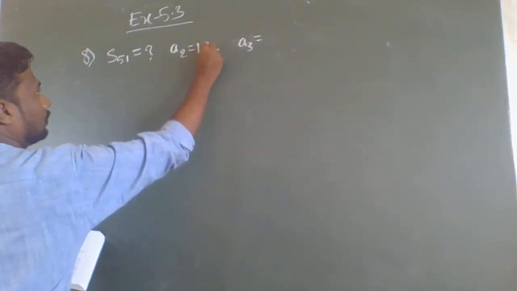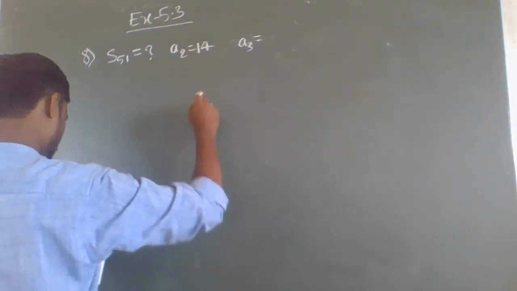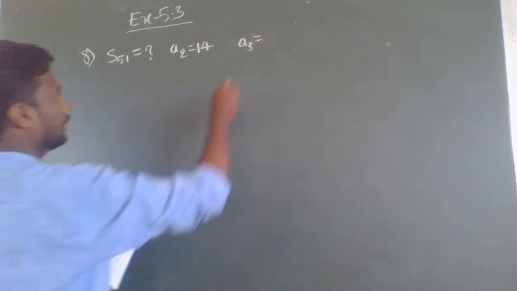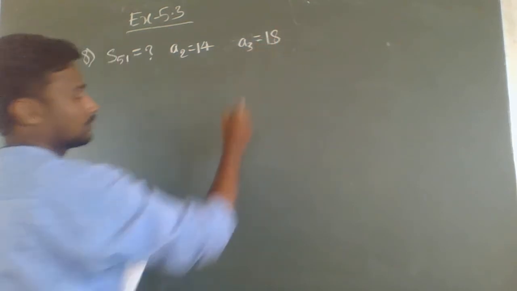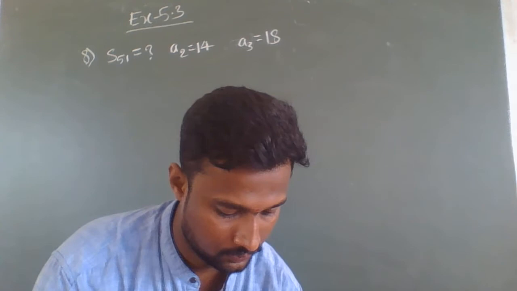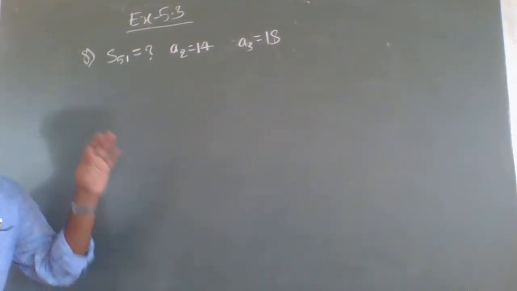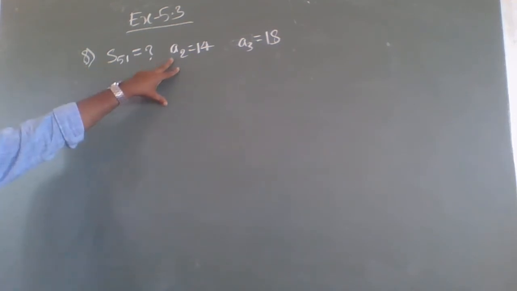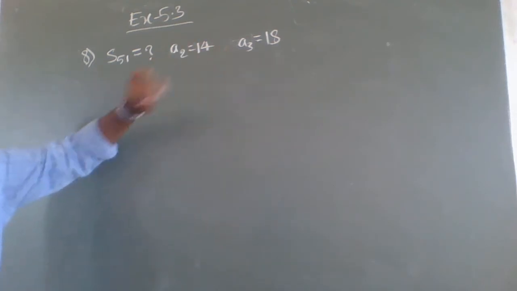Therefore, A2 is 14 and A3 is 18. So here we have to calculate the sum of 51 terms, and they have given the A2 value as 14 and the A3 value as 18.